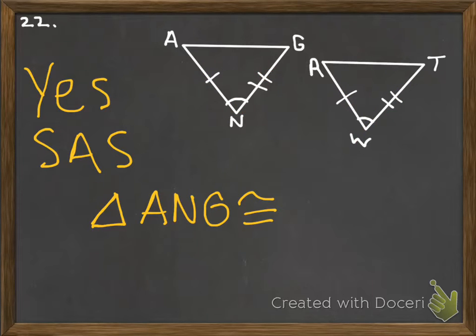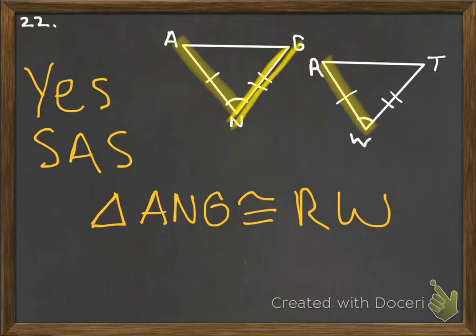Alright, so I would say triangle ANG is congruent to, now what goes with AN would be RW, so I have to use that order. Say RW, and then what goes with NG here is WT.